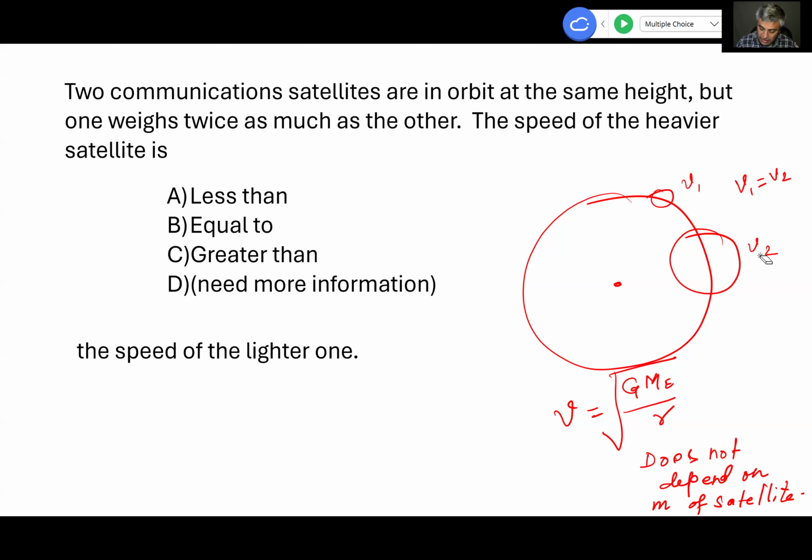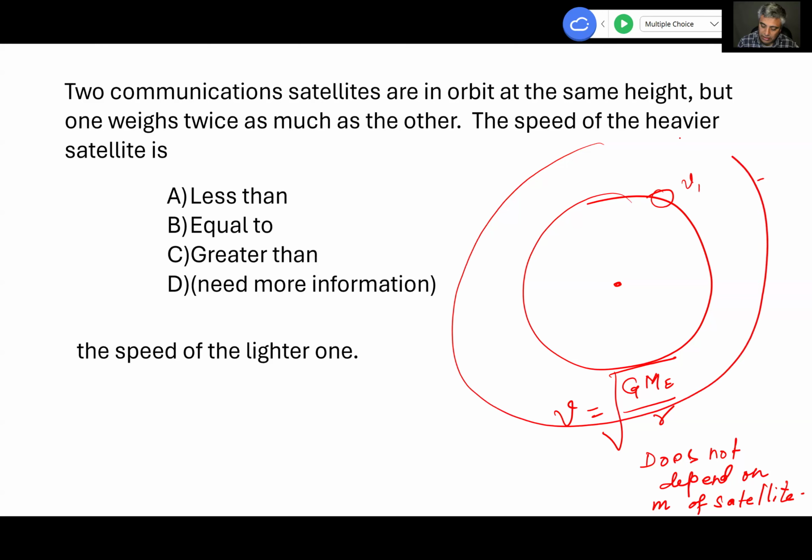Now let's say we have two satellites, but at separate distances. For example, this is R1 and this is R2, bigger. So R2 is bigger than R1. The speed of the outer satellite is V2 and the inner satellite is V1.